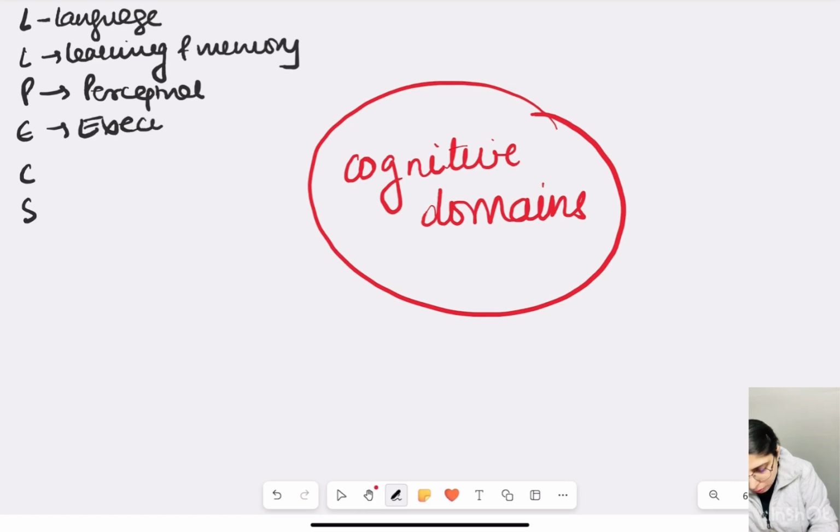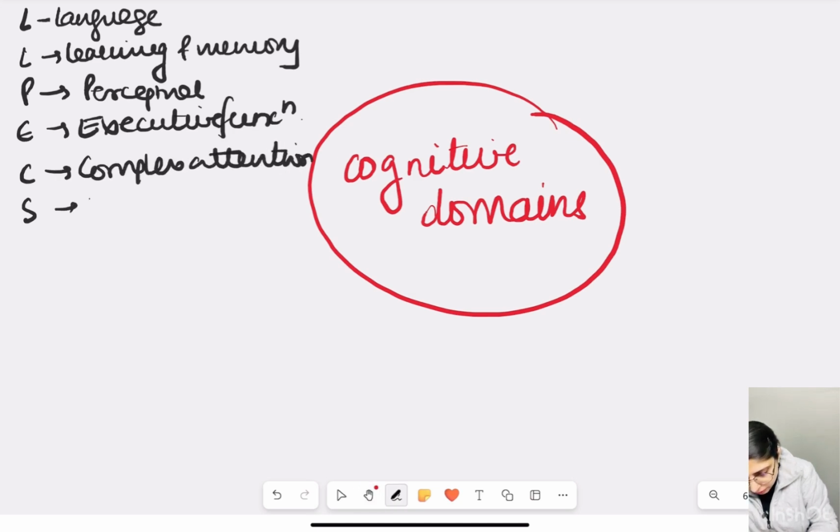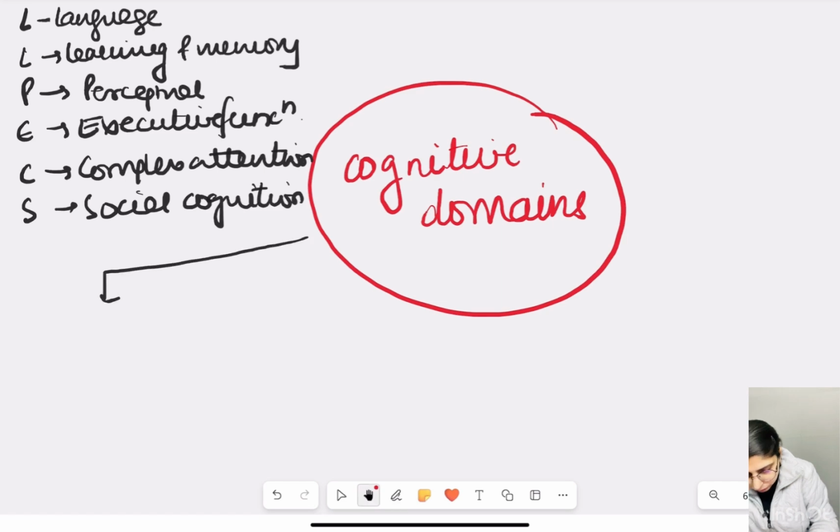P is perceptual. E is executive function. C is complex attention. S is social cognition. So these are the 6.